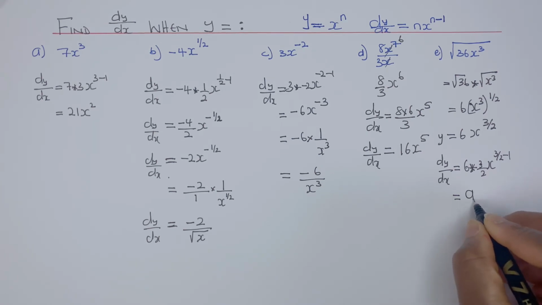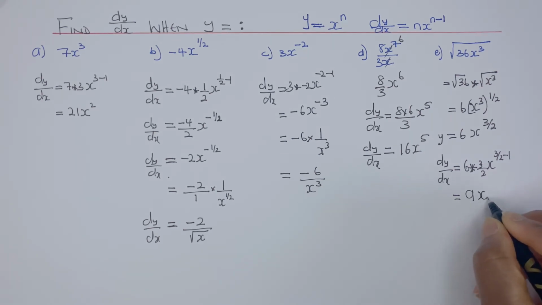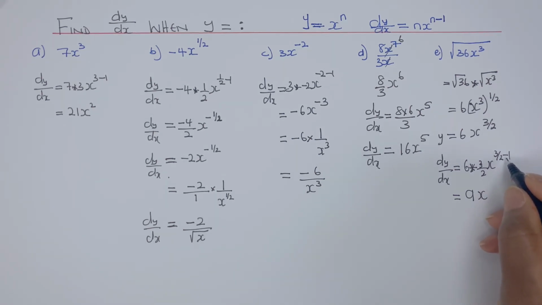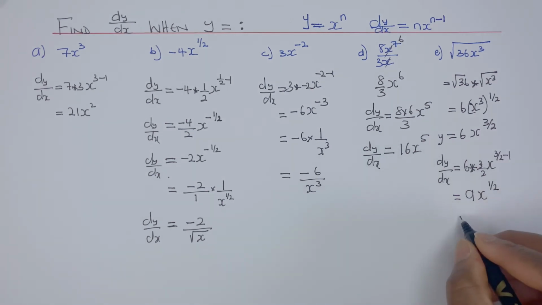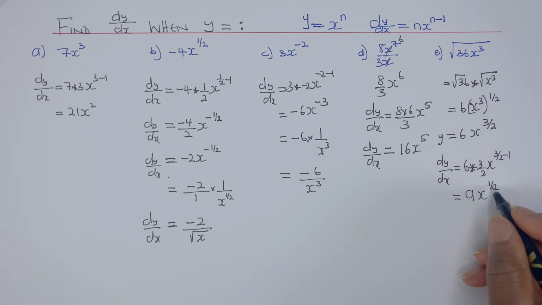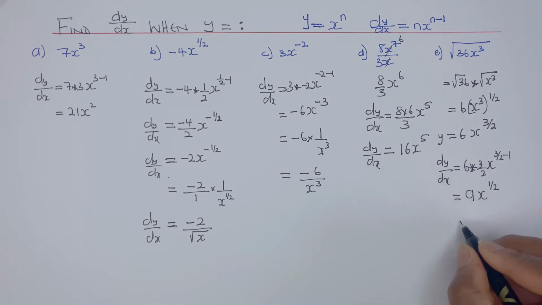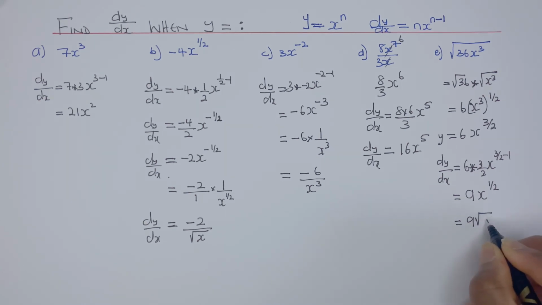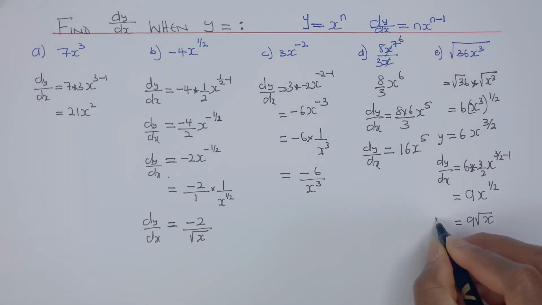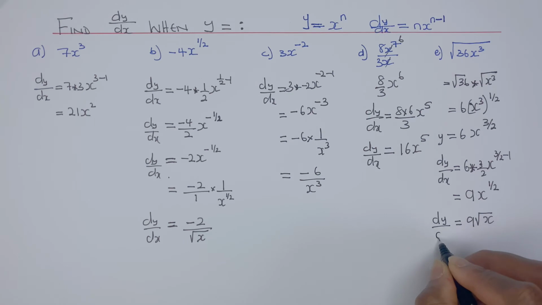So that'll be 9x to the power 3 over 2 minus 1 is a half. Now, a power of a half means root. So that is 9 root of x for dy/dx.